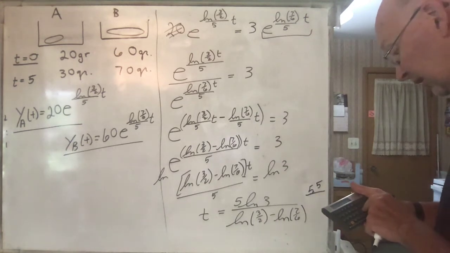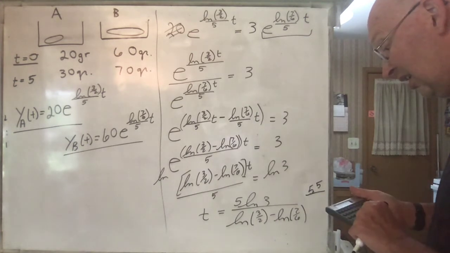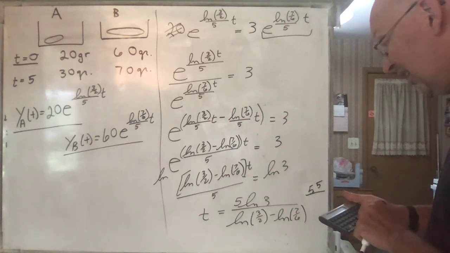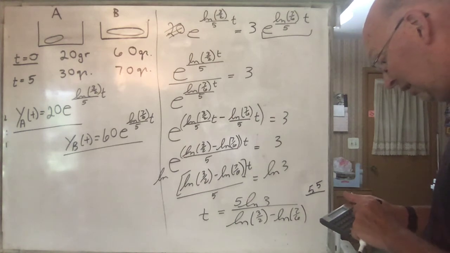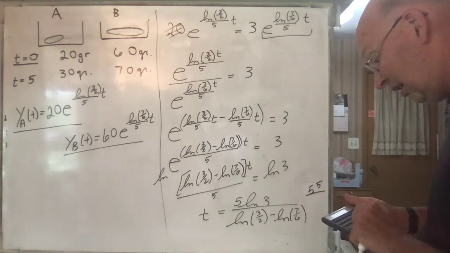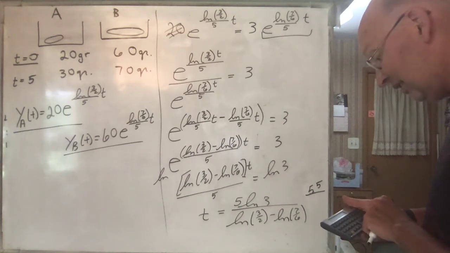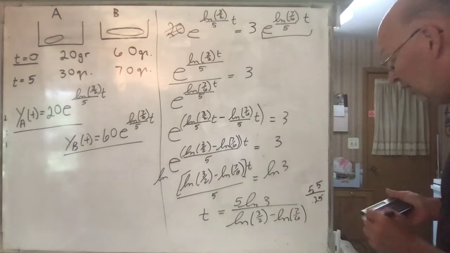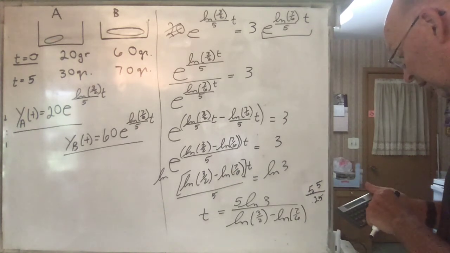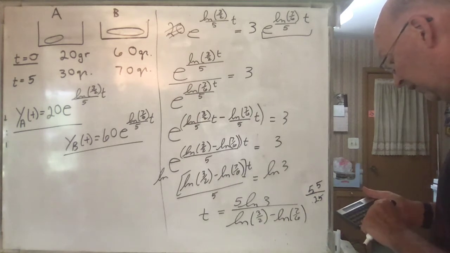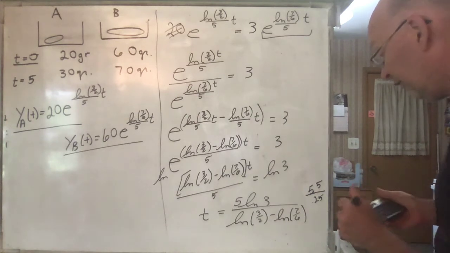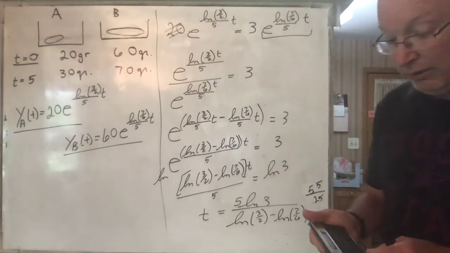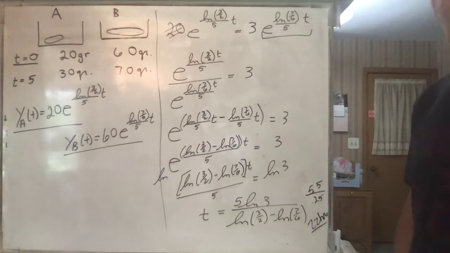And on the bottom, I'm going to get this, and then I'm going to get this and subtract, and I get 0.25. So that's about the same as times 4. So 5.5, enter, 4 times, roughly in around 22 hours. Okay, roughly in about 22 hours, you'll have the same amount in one as the other.